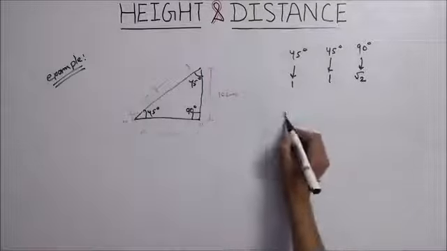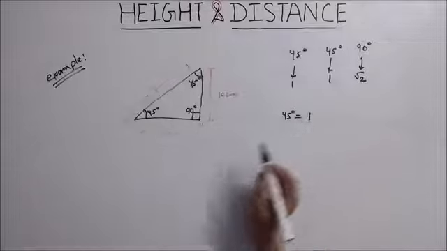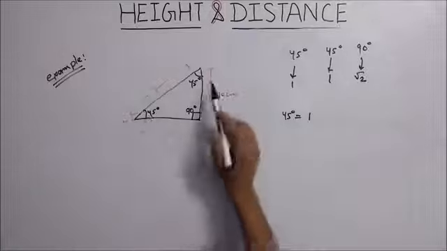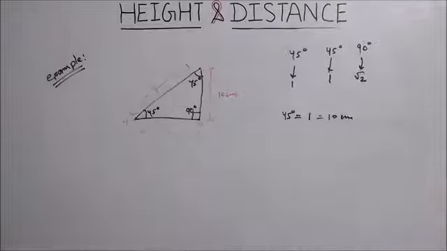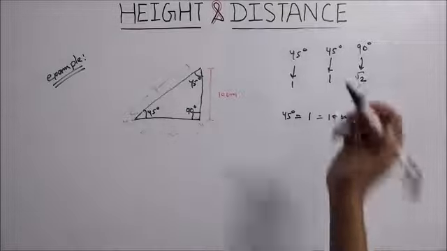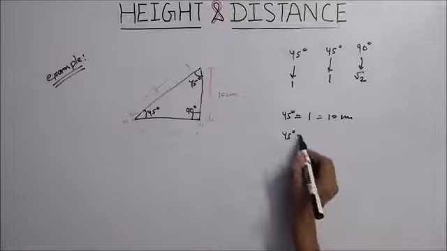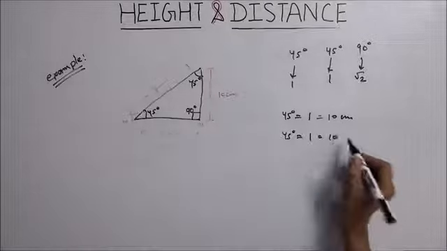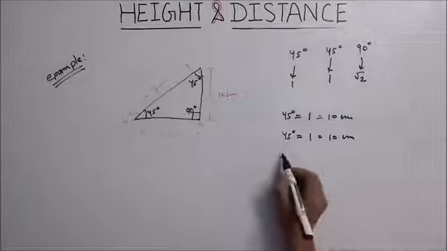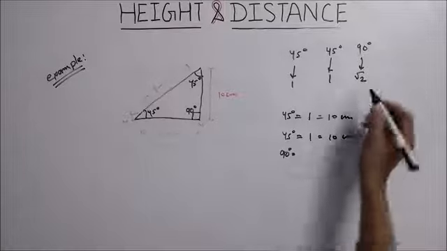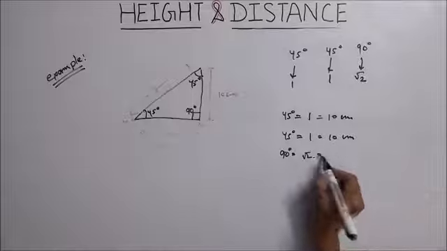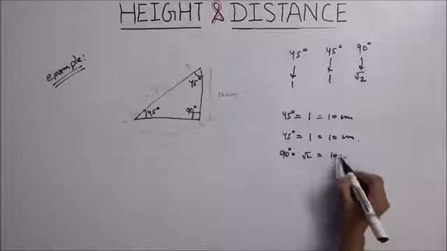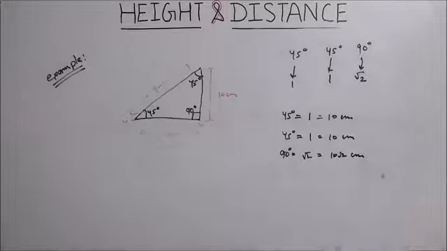The value of 45 degree is 1, and we also know the side opposite to 45 degree is 10, so 1 is equal to 10 centimeter. Again, this other 45 degree side is also 10 centimeter. If we're talking about the 90 degree, the value here is root 2. When one part is equal to 10 centimeter, then root 2 part is equal to 10 root 2 centimeter.